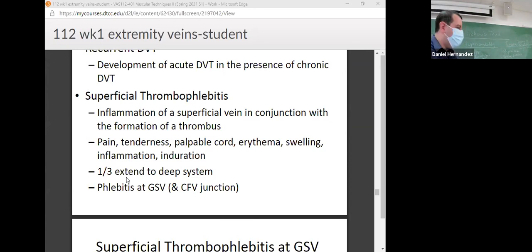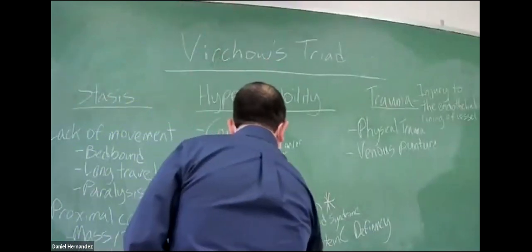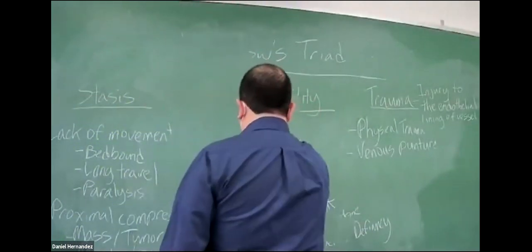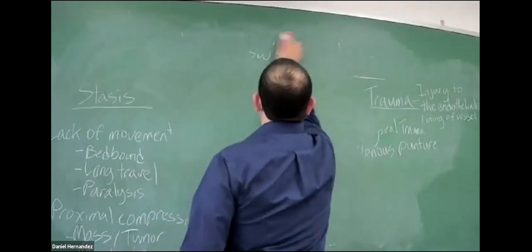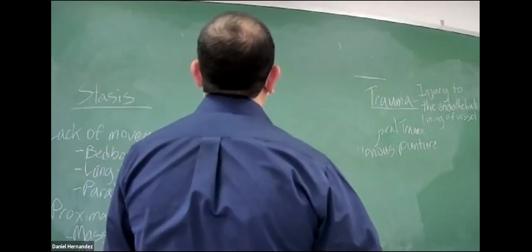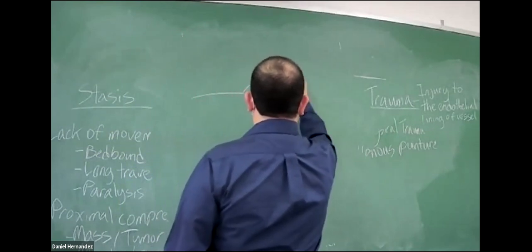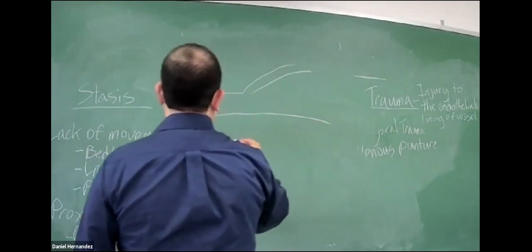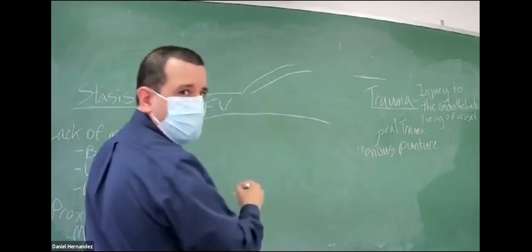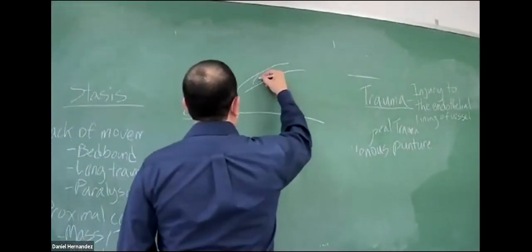So with the greater saphenous vein, when you're up in the groin, you have your common femoral vein and your GSV.